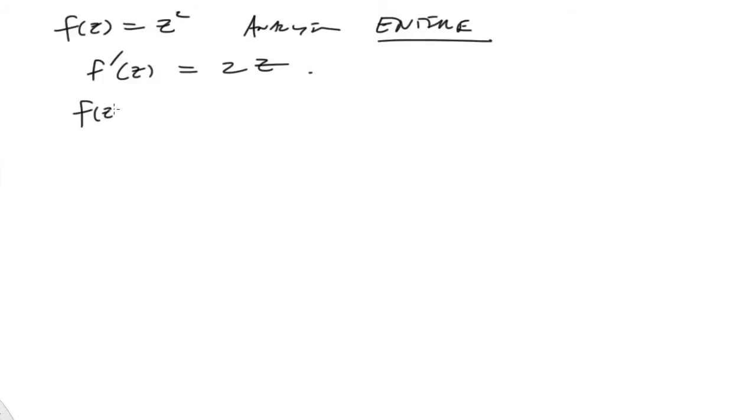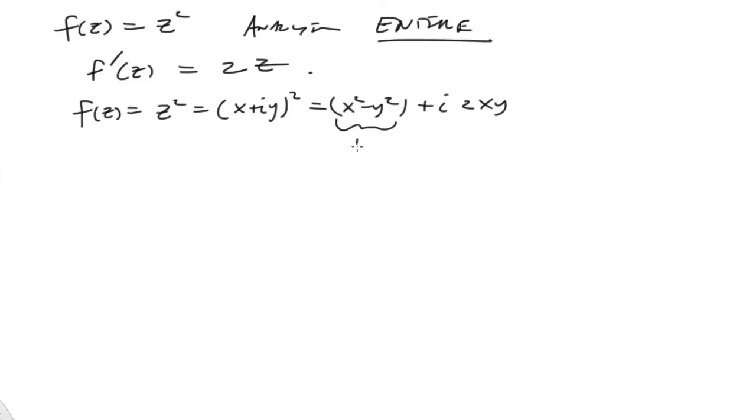So f of z is equal to z squared, which is equal to x plus i y squared, which is equal to x squared minus y squared, that's the real part, plus i 2xy. So clearly right here, this is u of x comma y, and there is v of x comma y.